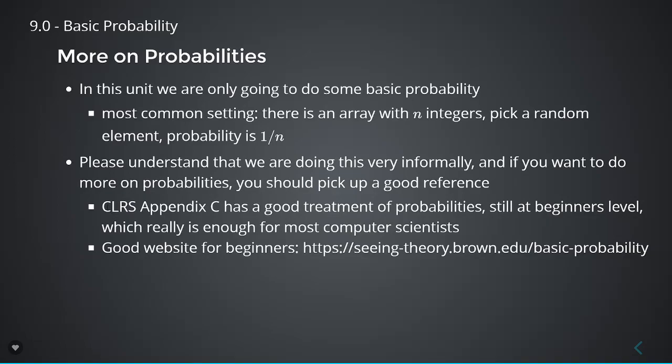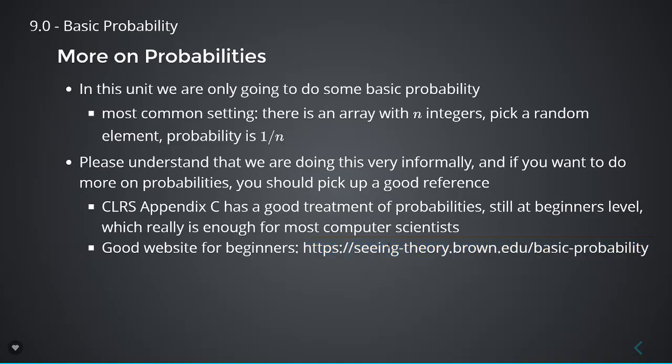There are references like CLRS Appendix C. It's actually a very good treatment of probability, and to the level that you need as a computer scientist. You don't need to go nuts on probability. I mean, you have to do a math degree or statistics degree if you want to be good at probabilities. There's also a very nice website here. I'll let you check it out yourself, but it explains probability with lots of little examples and pictures. Pictures are always nice.